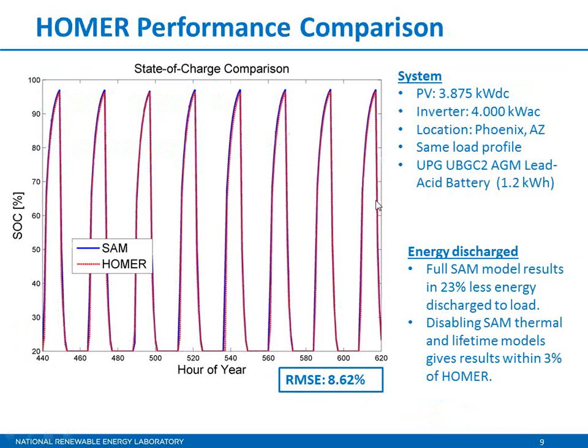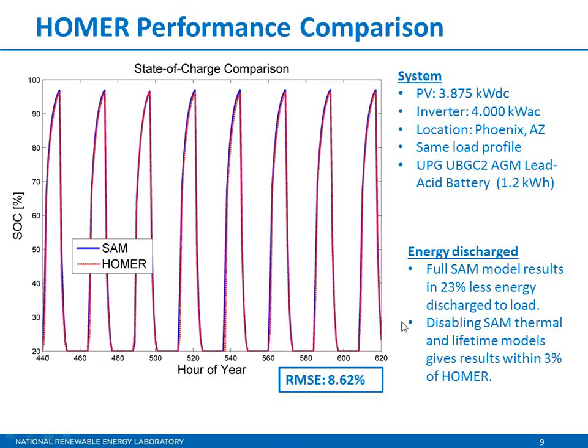Just to give you some sense, we did compare a lead acid battery in SAM with the battery model to a lead acid battery in Homer, because they actually use the same chemistry model. You can see here, basically we can tailor the dispatch and the system to match up fairly closely. This is basically the state of charge over a few days in a year.